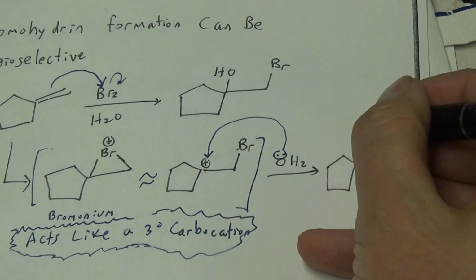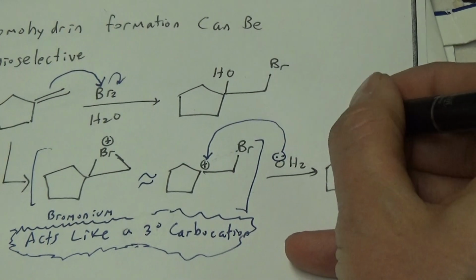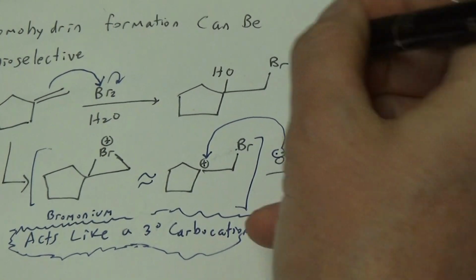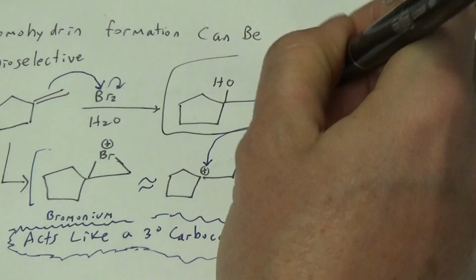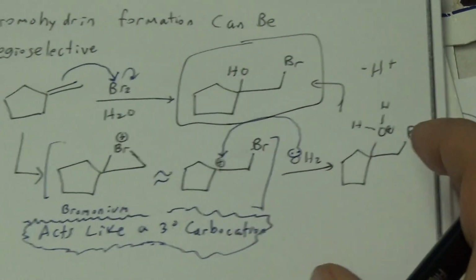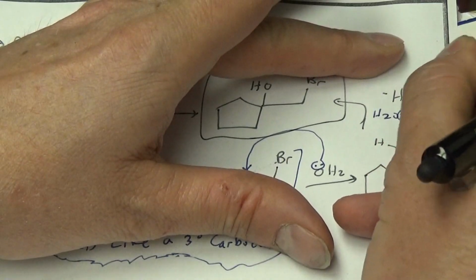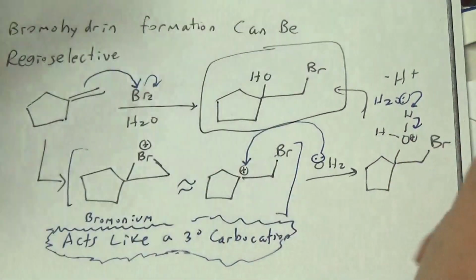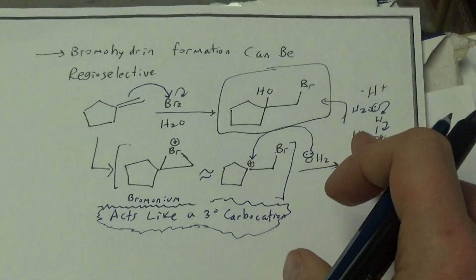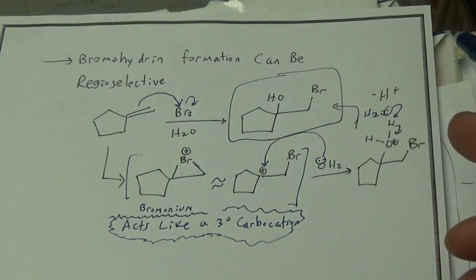Now you have OH2 plus. How do we form the final product? We lose a proton. Maybe water takes it. Water takes the proton. Okay. So this thing's regioselective, and the oxygen likes to go to the more substituted side.